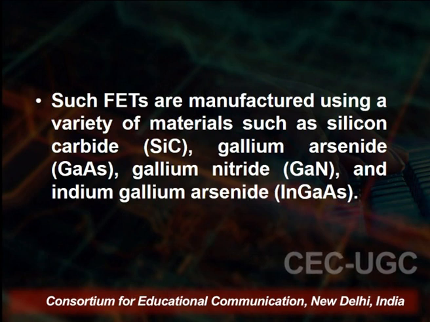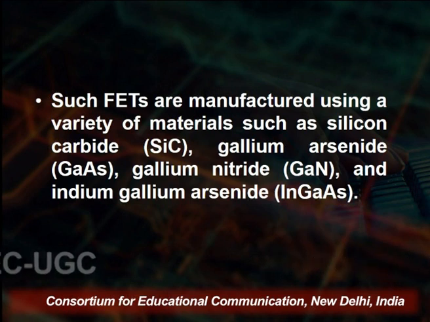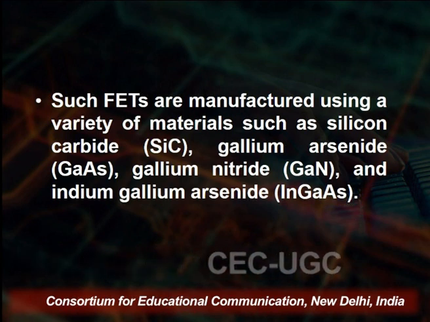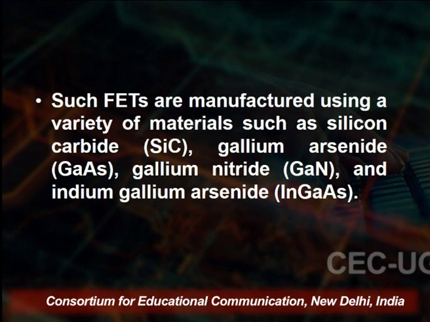Nowadays in nanomaterials we use quantum dots for the preparation of the FET. We also use carbon nanotubes for the preparation of the FET. So, what material can we use? Silicon carbide, gallium arsenide, GaAs, gallium nitride, GaN, and indium gallium arsenide.